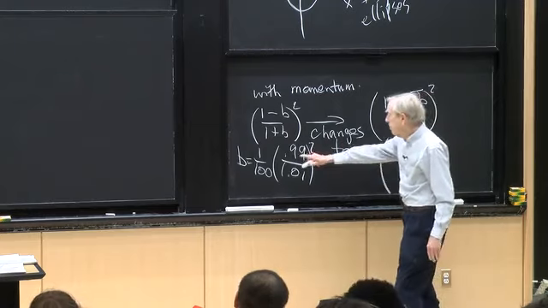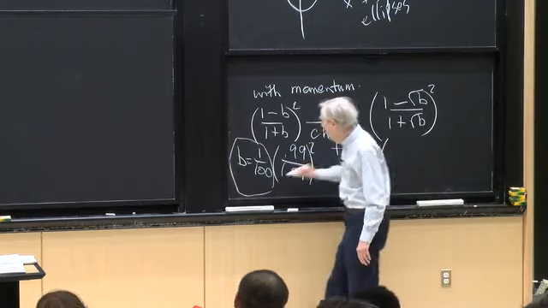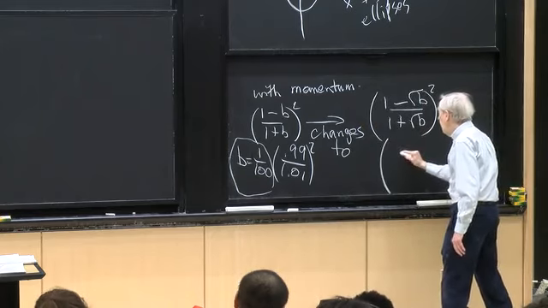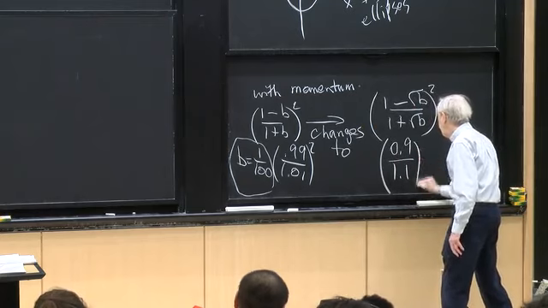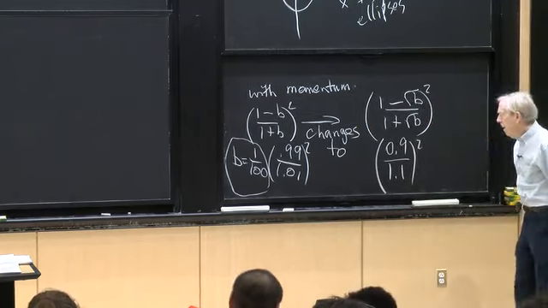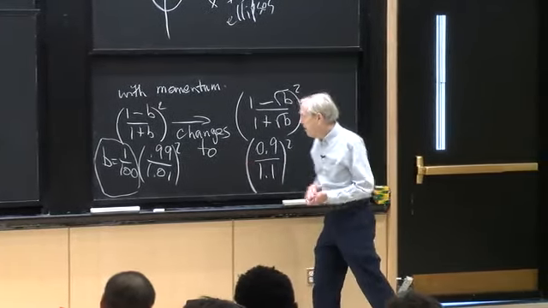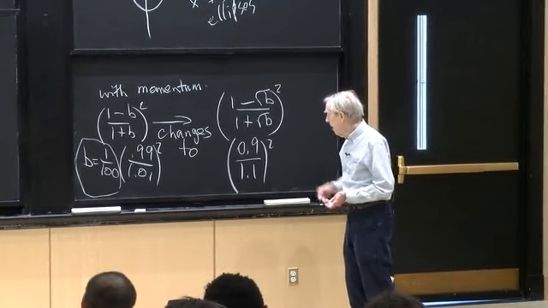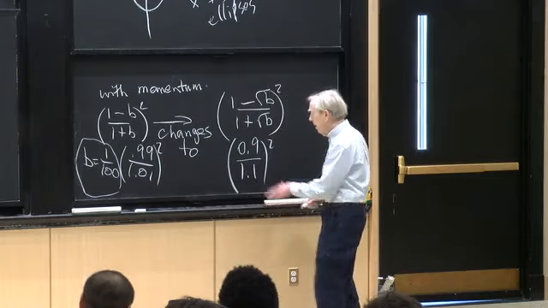So if b is 1 over 100, then square root of b is 1 over 10, so this is 0.9 over 1.1 squared. And that's a lot smaller than that is. 9 over 11 compared to 99 over 101.